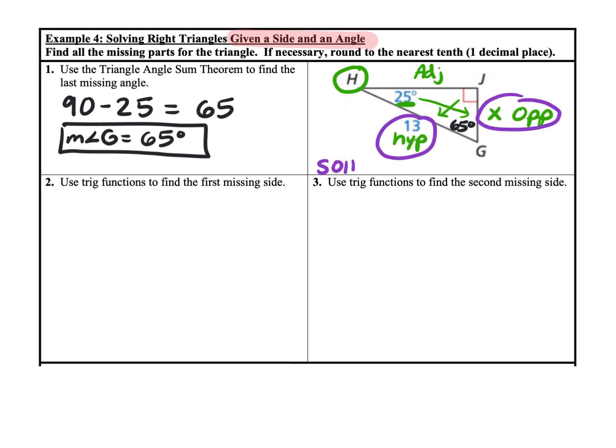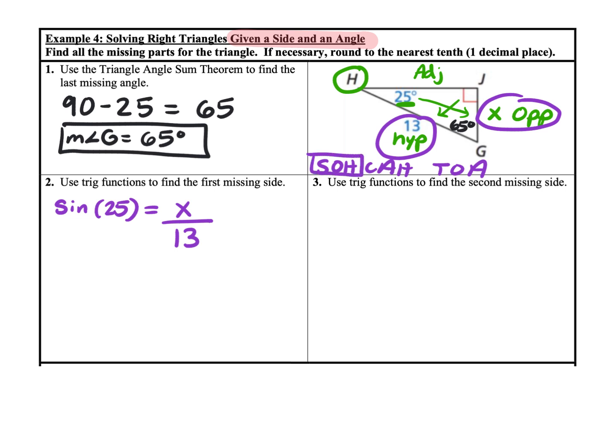So if you look at your SOHCAHTOA, the one that uses opposite and hypotenuse is sine. So we'll have the sine of the angle, 25 degrees, is equal to opposite X divided by hypotenuse, 13. So I'm using the SO of my SOHCAHTOA.